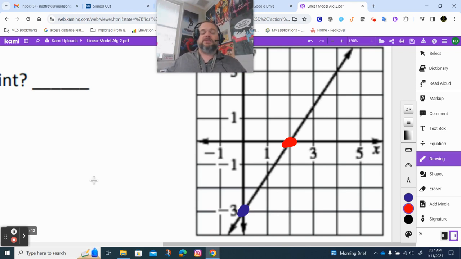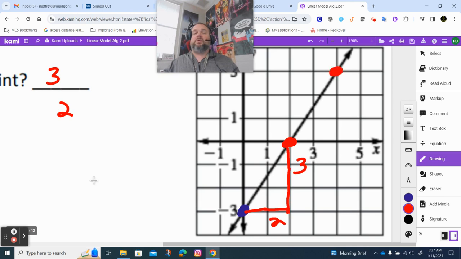So to get here, we're going to go over 1, 2, up 1, 2, 3. Because that's the next point. Like right here, this would also be the next point if it had the big dots like the other graph did, because that's where that actually touches on the grid.